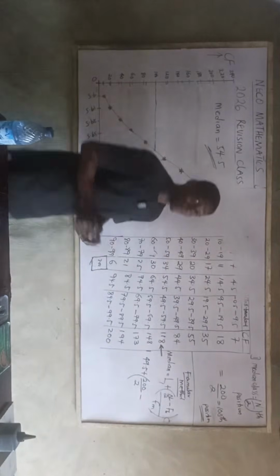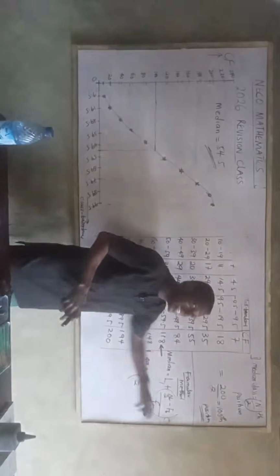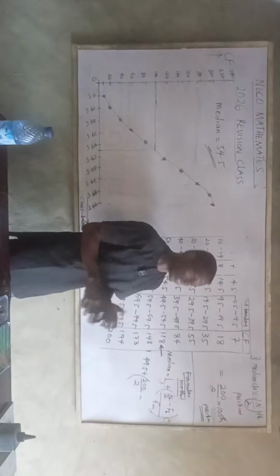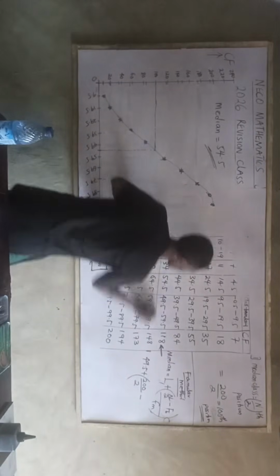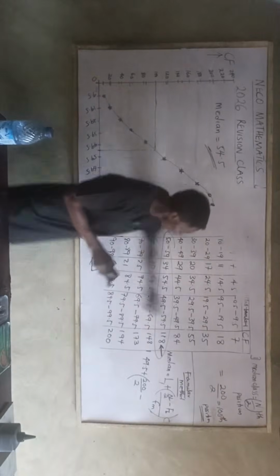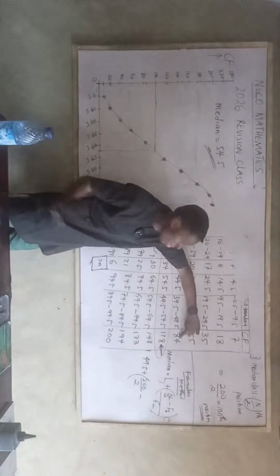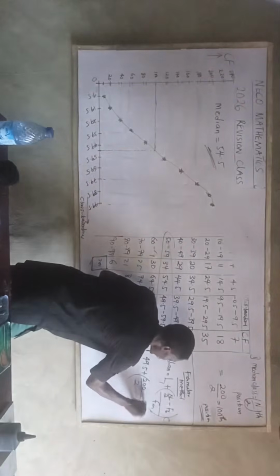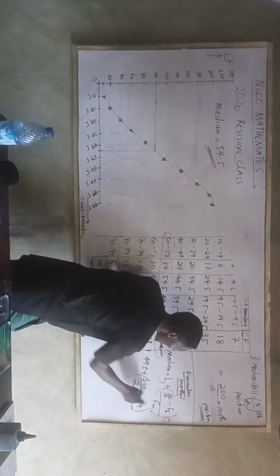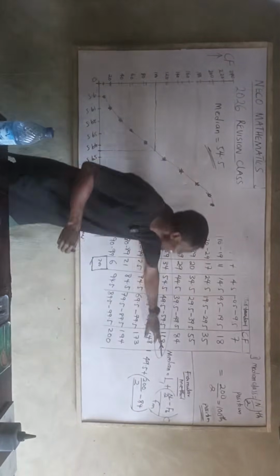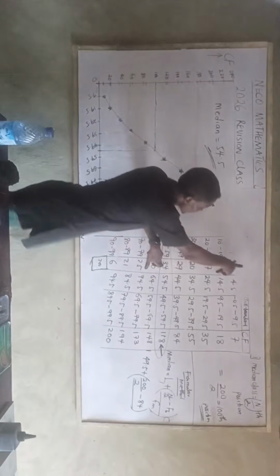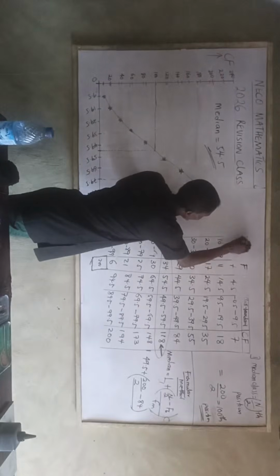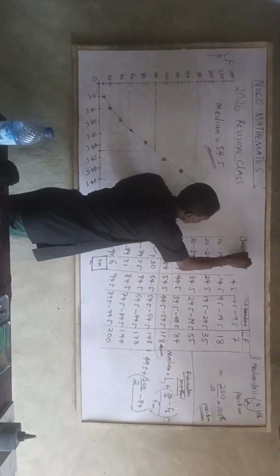Now, the capital letter FB should remind you very sweetly. It means the cumulative frequency before that median class. Notice this will be the median class, everybody. The cumulative frequency before it is 84. So 84 is this FB, over FM, the frequency of that same median class, which is 34.